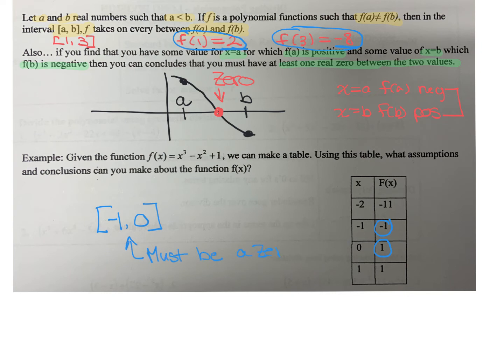In the upcoming sections, we're going to learn how to find those zeros, but what we know right now is that there must be a zero somewhere between x equals -1 and x equals 0. This is how to use information like this to narrow down where my zero might be. Again, in the upcoming sections, we will find out how to find those particular zeros.